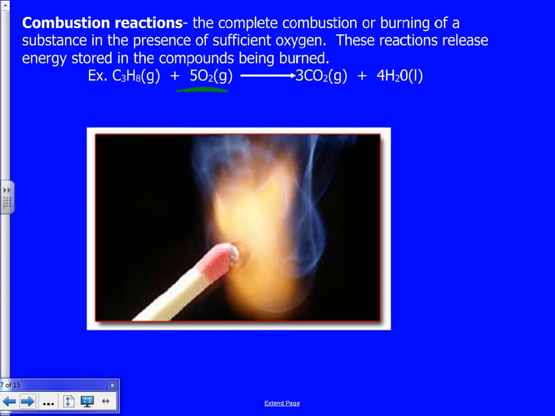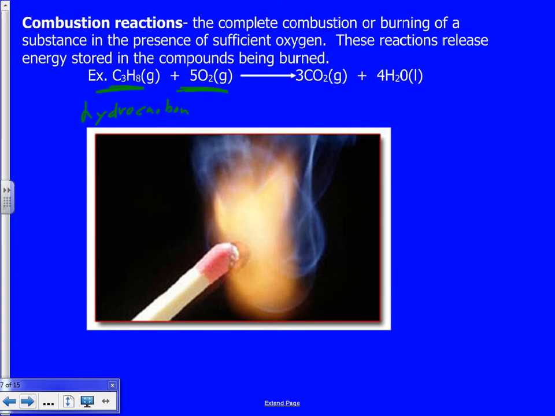You will always have a hydrocarbon, so a compound containing carbon and hydrogen. That's a hydrocarbon. And it'll always be reacting with oxygen. The other nice thing is the products, regardless of what hydrocarbon it starts with, are always carbon dioxide and water.